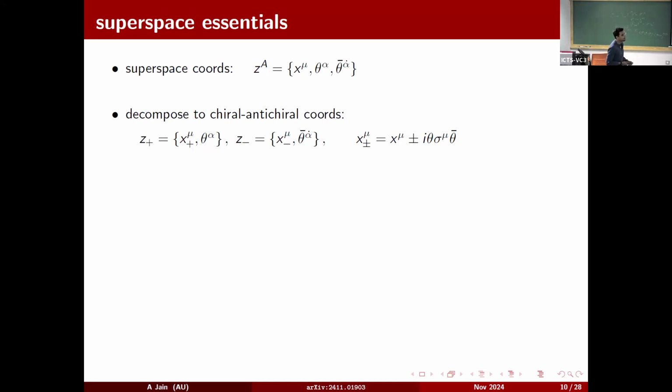Earlier when we had this lambda and lambda bar, weren't those the super coordinates? No. Good point. The coordinate space in the conformal theory was x mu. That's it. And then lambdas were used to write everything down in index-free form. We'll still use lambdas with the thetas as well.